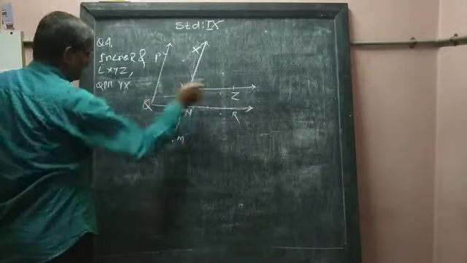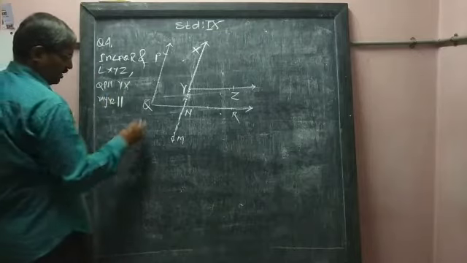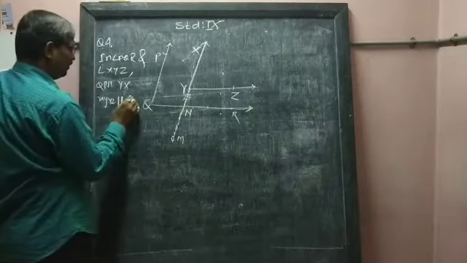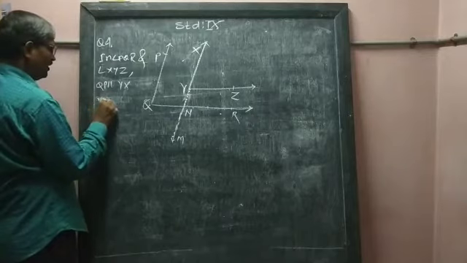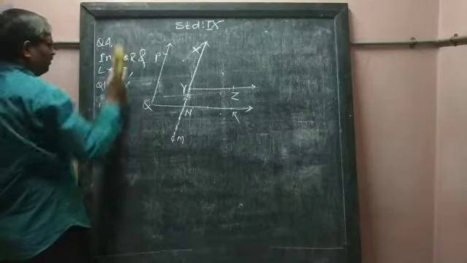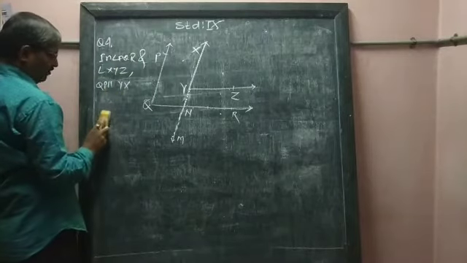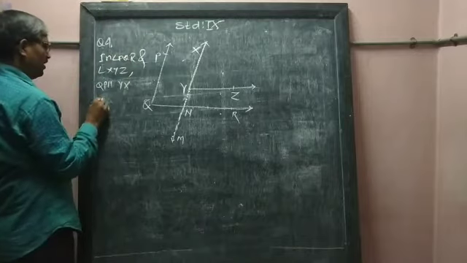Understand? Ray YZ parallel to ray QR. First here I wrote angle PQR, so I have to write QR. Therefore, I have erased.